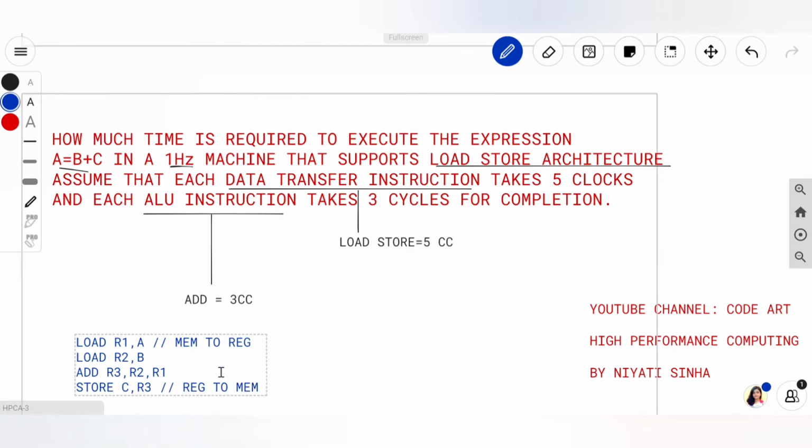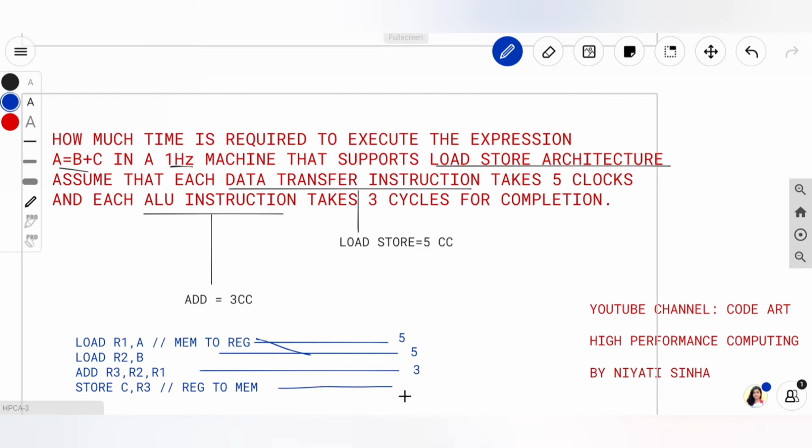We know that load store instructions take 5 clock cycles. So this is taking 5 clock cycles, this is also taking 5 clock cycles, this is an ALU instruction taking 3 clock cycles, and this is again a load store instruction, a data transfer instruction, taking 5 clock cycles.